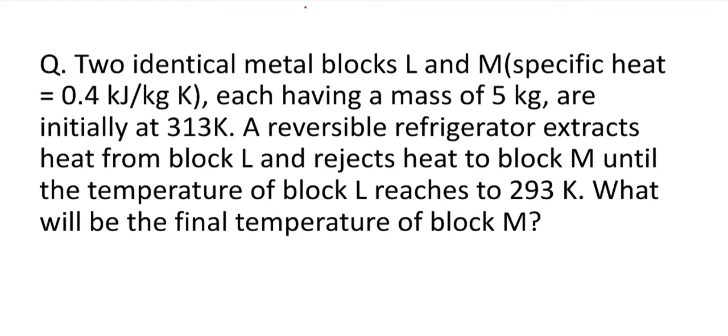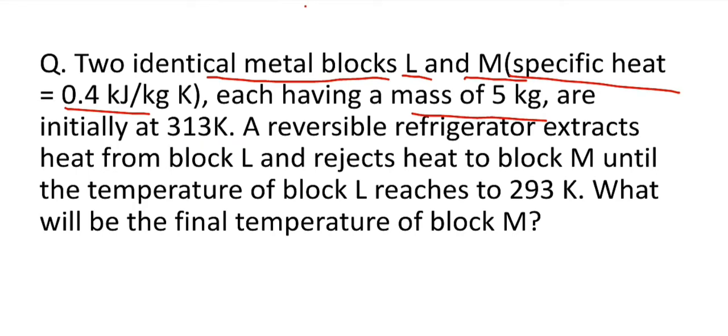There are two identical blocks L and M, which have a specific heat of 0.4 kilojoule per kg Kelvin and each has a mass of 5 kg, and both are initially at 313 Kelvin.